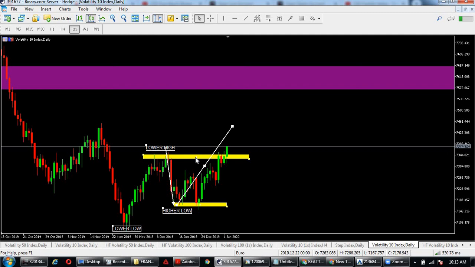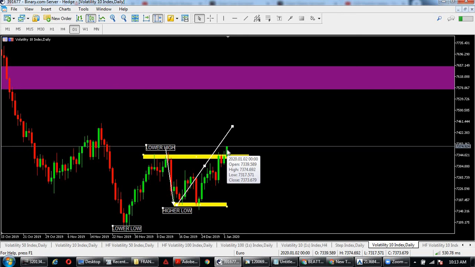And then in confluence with the information we gathered from the monthly and the weekly time frame, you can now see that price is now trading above the previous daily resistance. Price has respected this resistance multiple times, 3 times, and now we can see price is trading above.